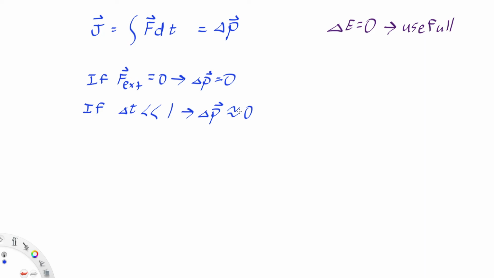So we have to be careful. Wanting the external forces to be zero just means that we have to be careful in how we define our system if we want to use conservation of momentum. For the second case, we can use the momentum to analyze situations that are very fast, even if, strictly speaking, there are some external forces.